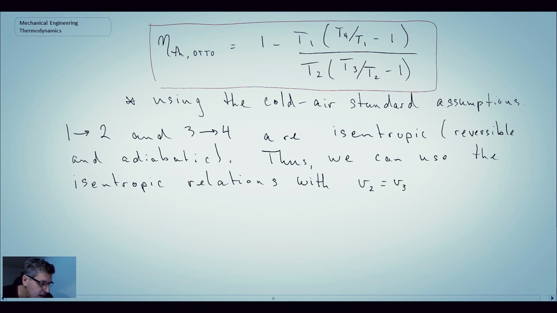That's for the heat addition process, and that would be at top dead center. And then for the exhaust process, V4 equals V1, and that was at bottom dead center. And so with that, our isentropic relations would state the following.